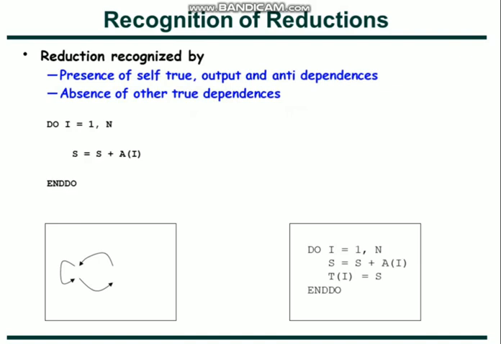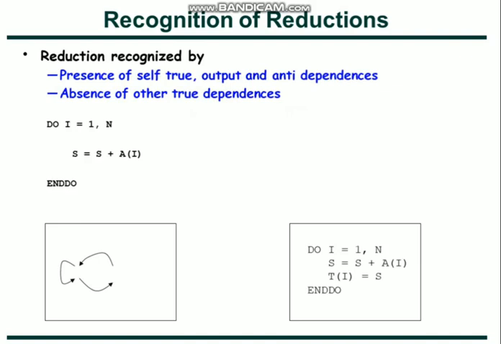Inside the loop, if you have a statement which has all three types of dependence on itself, self true, output and anti dependence, as you can see in the left side diagram, which has three types of self dependence, true dependence, output dependence and anti dependence, if this type of pattern is there in the dependence graph, then you can apply recognition of reduction.